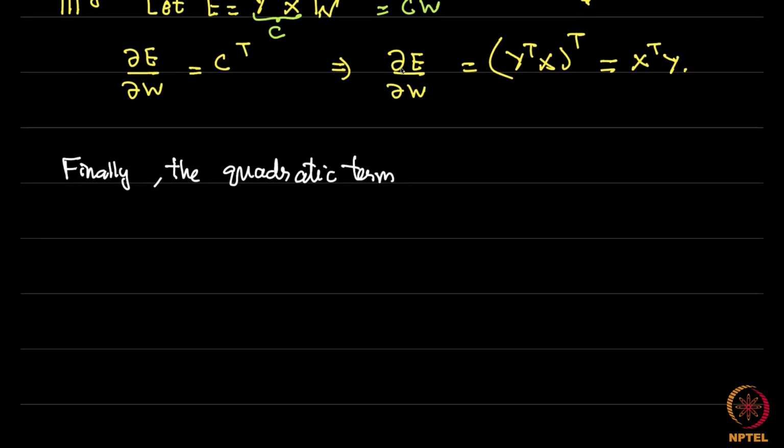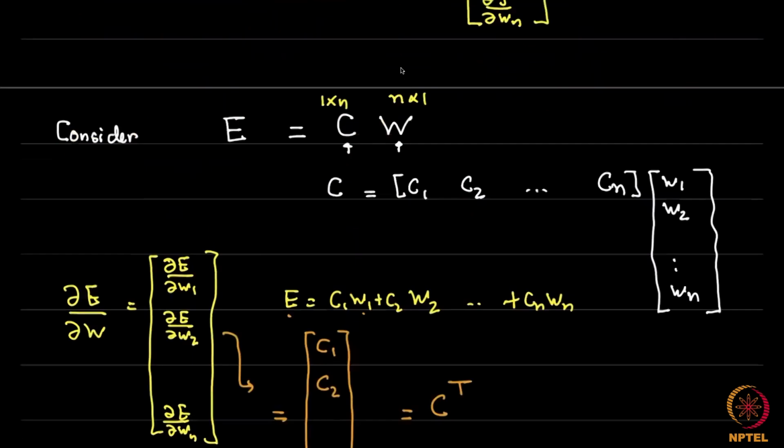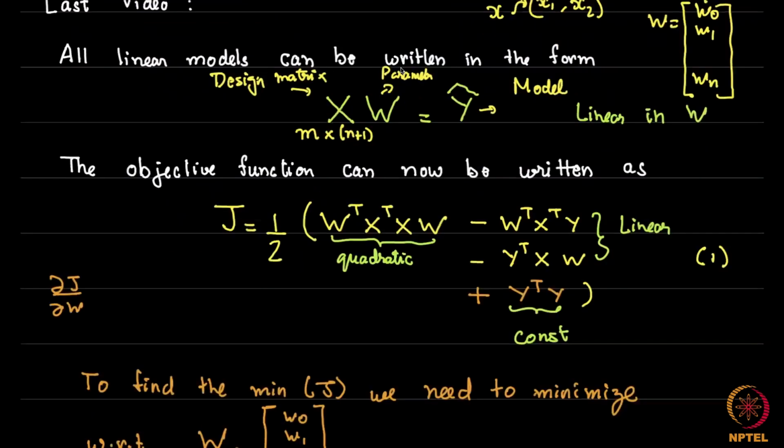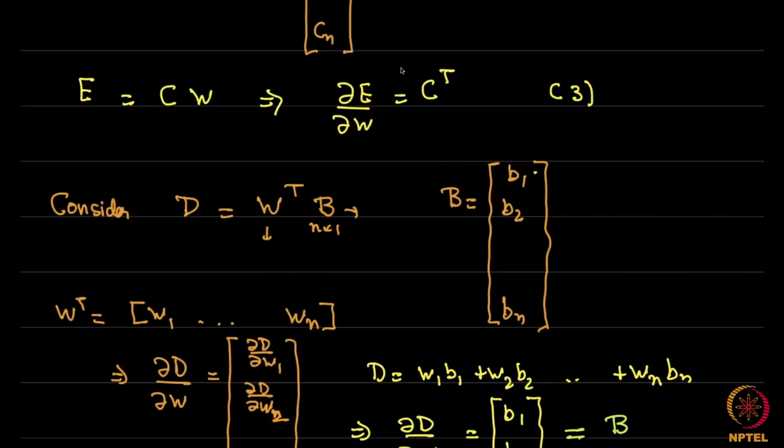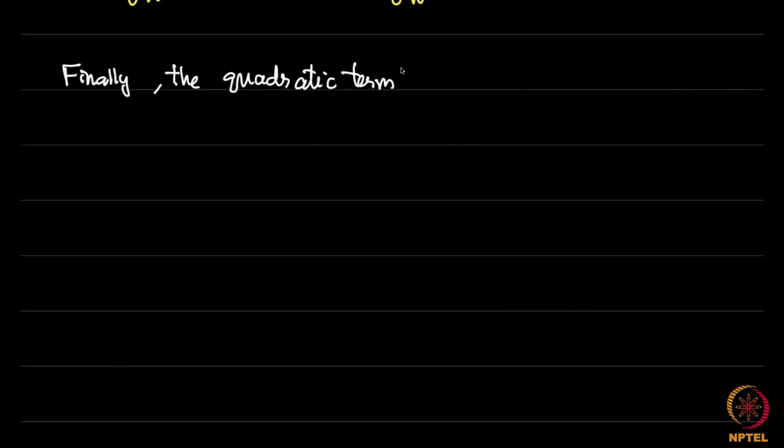So the quadratic term here is, if you go back here, w transpose x transpose x w. Let's call this term A. So that is w transpose A W.